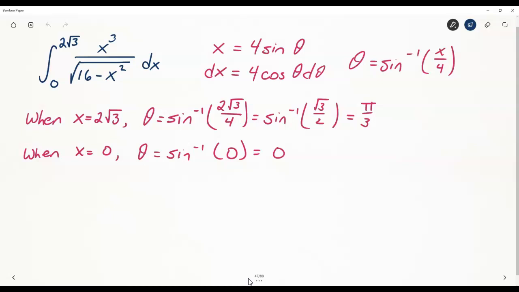Because remember, inverse sine needs an angle in quadrants 1 or 4 between negative pi over 2 and pi over 2 that has a sine of square root of 3 over 2. And that's pi over 3. So my upper limit of my integral in terms of theta is now going to be pi over 3. The lower limit, if x is equal to 0, well, 0 over 4 is just 0. Inverse sine of 0 is 0. So my limits, instead of 0 to 2 square root of 3, are going to be 0 to pi over 3.